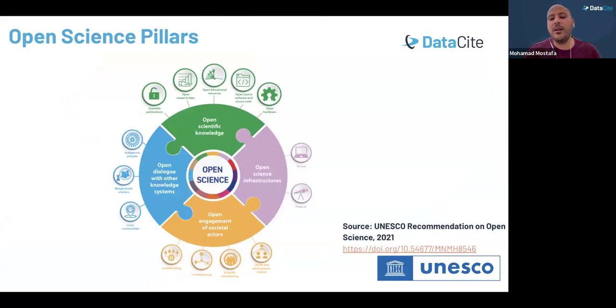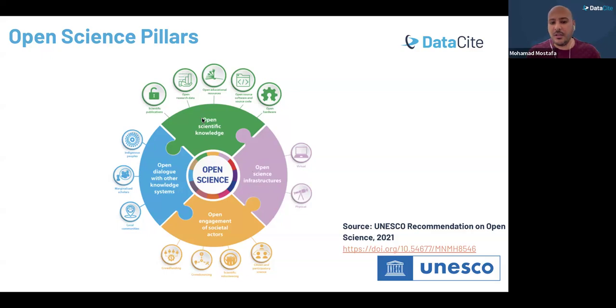So in 2021, UNESCO published the recommendation on open science, and their goal was to help universities and research organizations implement and achieve open science. They identified four important pillars.